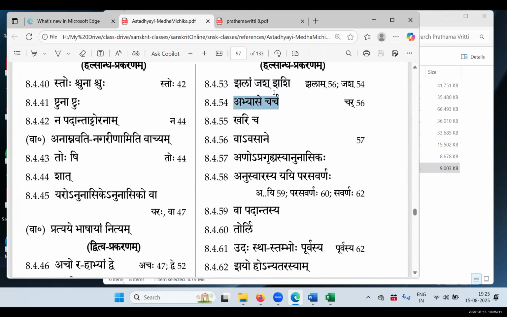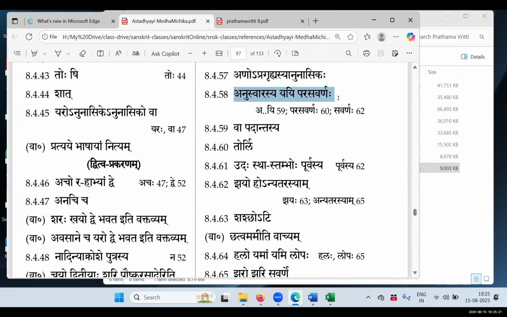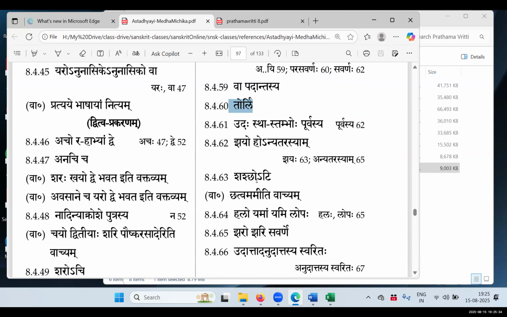Abhyase Charcha we haven't seen, but we got a Charcha from there. Kharicha Char comes from there. Vavasane, right? Then anuswarasya yai parasavarnaha vapadantasya. Today we saw torli, udah stha stambho purvasya, jhayo honyatarasyam, shashchoti, chatvam amiti vachyam.